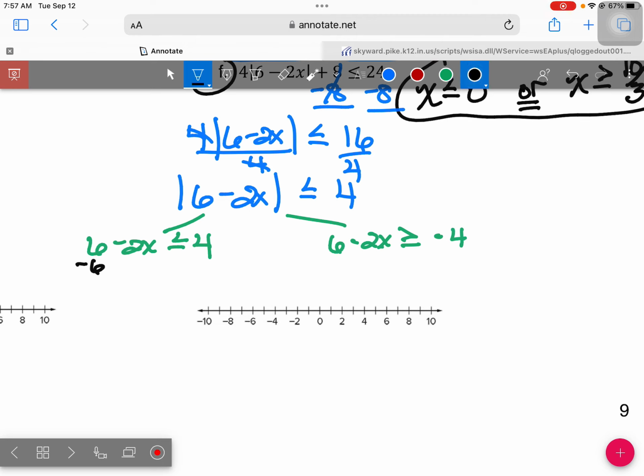Divide by a negative 2. We're dividing by a negative, so you've got to flip it again. So x is less than or equal to 5. So I've got 1 as a closed circle and 5 as a closed circle. X is greater than or equal to 1 and x is less than or equal to 5.